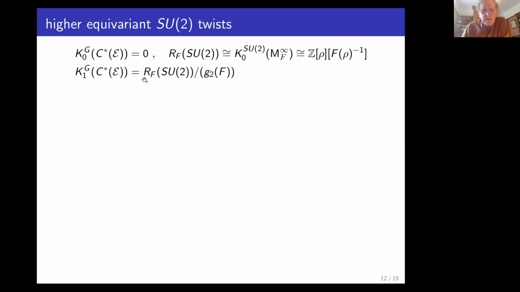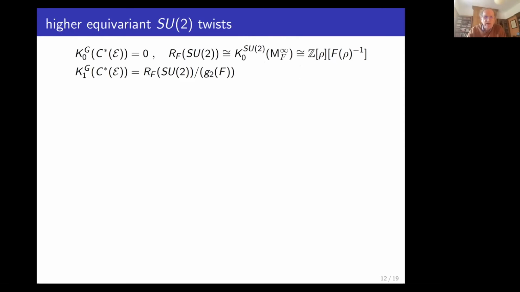Anyway, the interesting part, the K1, is now a quotient, just as it was for the classical twist, where I had the representation ring of SU2 divided by the ideal generated by a single polynomial. Now, in this case, the RF of SU2 needs to take account of the equivariant K-theory of SU2 on this infinite tensor product algebra, which is this localized algebra involving Z rho, the representation ring of SU2 divided out by F, this functor evaluated on the standard representation.